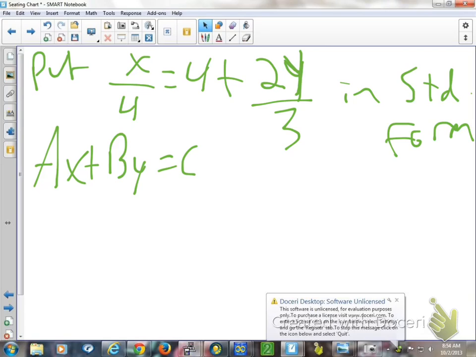You have to get rid of your fractions by multiplying by a common denominator. I saw a lot of people forgetting that yesterday. What is our common denominator? 12. Now, some people found out that it was 12, and were at a loss for how to multiply this thing by 12. So here's what you do. You literally multiply every piece by 12.